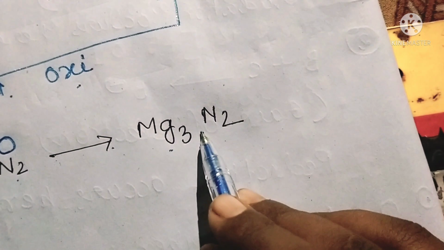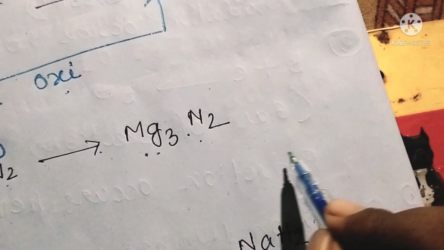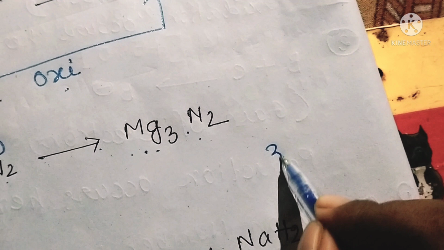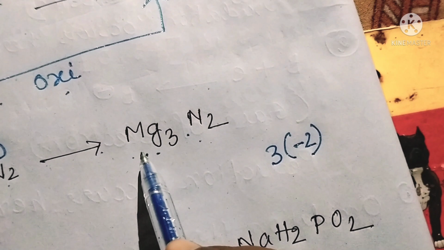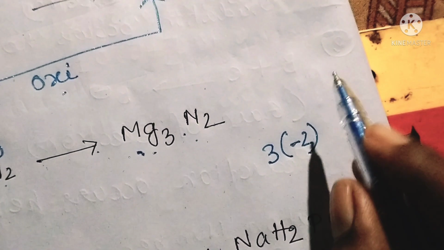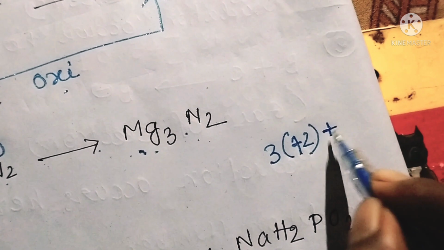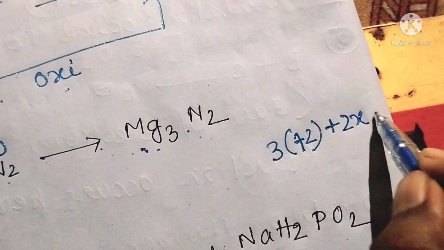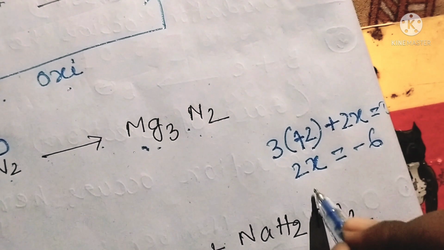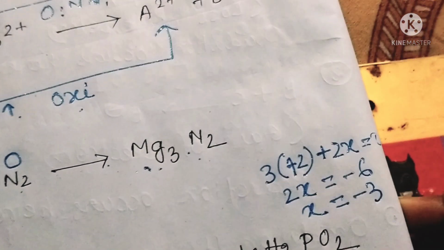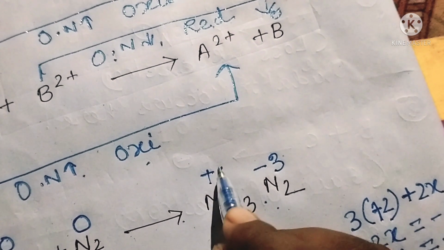Now the oxidation number of nitrogen: here 3 into plus 2, since magnesium is an alkaline earth metal, so plus 2, plus 2x equals 0, or 2x equals minus 6, x equals minus 3. So the oxidation number of nitrogen is minus 3, and for magnesium it is plus 2.